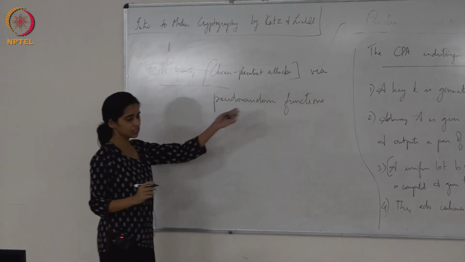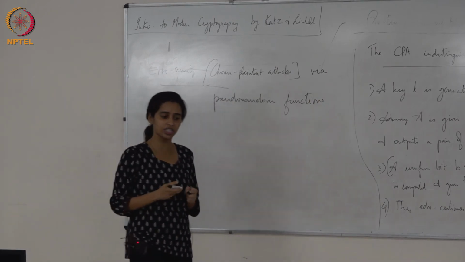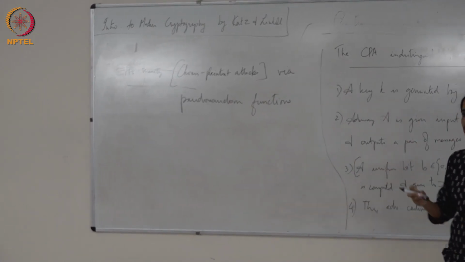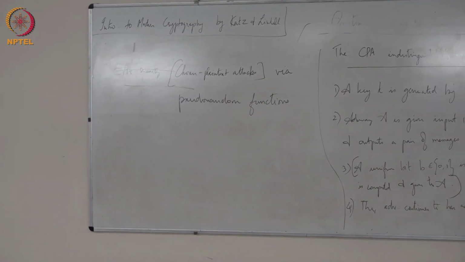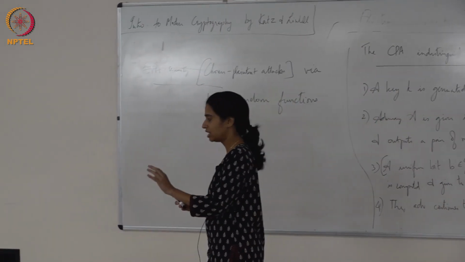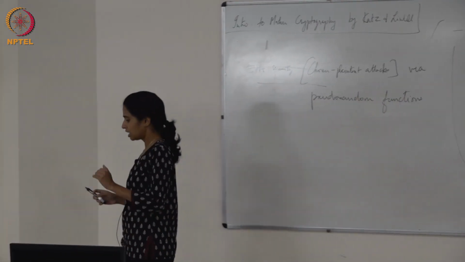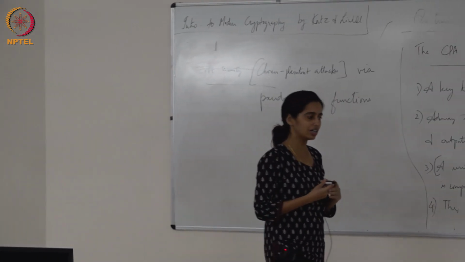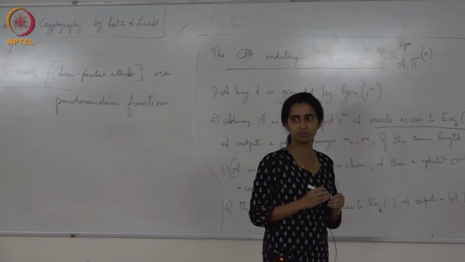Pseudo-random functions, or more specifically pseudo-random permutations, are practically instantiated using things like block ciphers. For instance, AES: although AES itself is not a pseudo-random permutation, the type of security that you expect to see from AES is what we would formalize with a pseudo-random permutation.